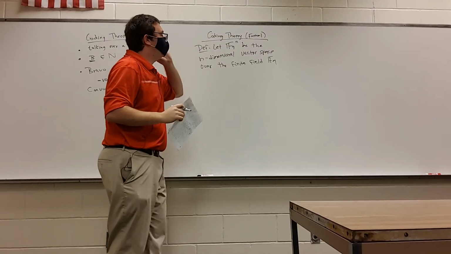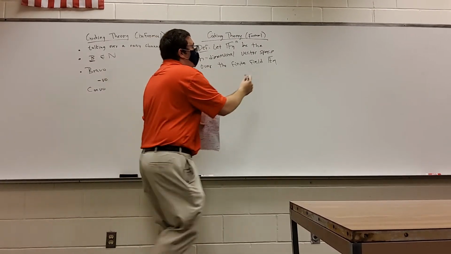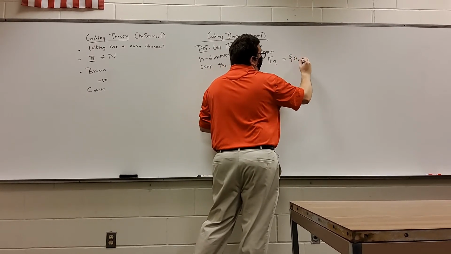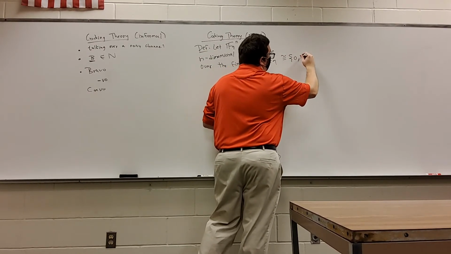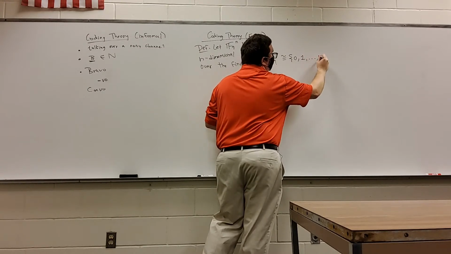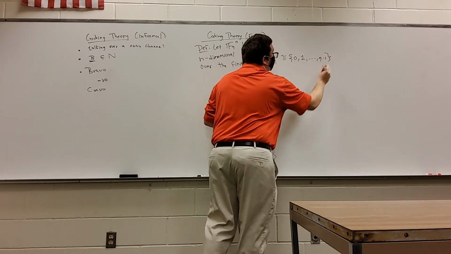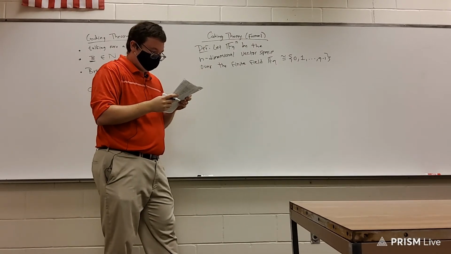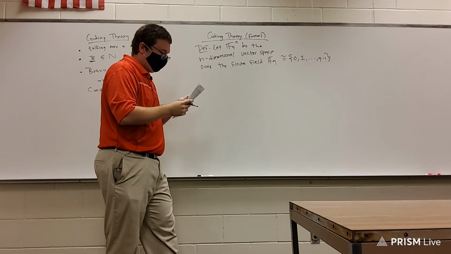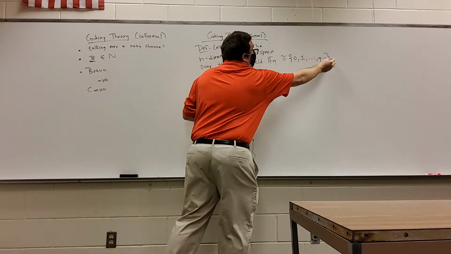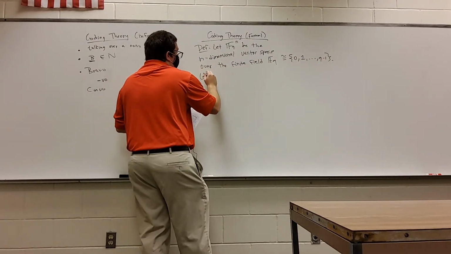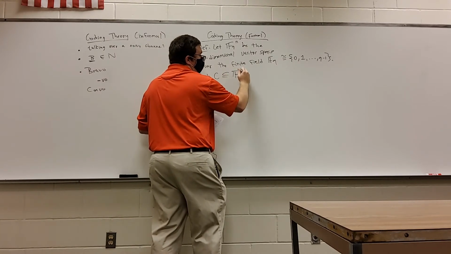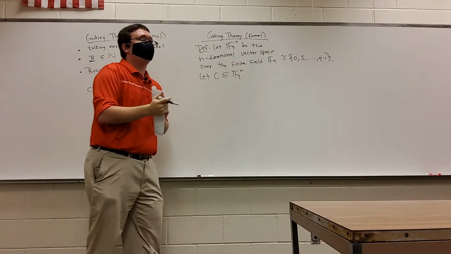And F_q, if you're not familiar, just think of it as the set, or it's isomorphic to the set {0, 1, ..., q minus 1}, where q is some prime. And then let C just be a subset of this vector space.